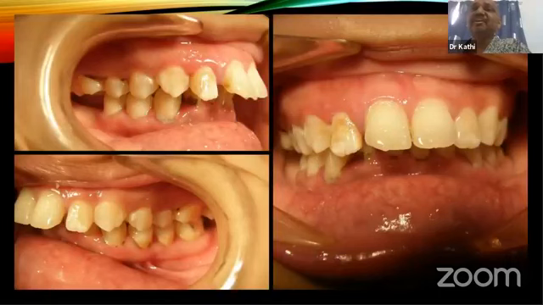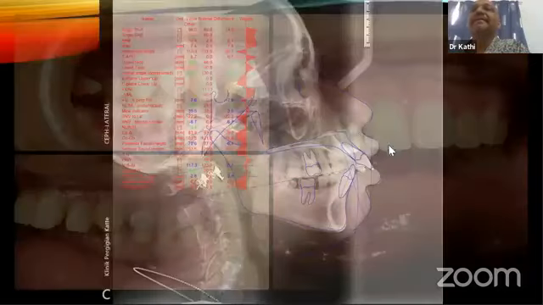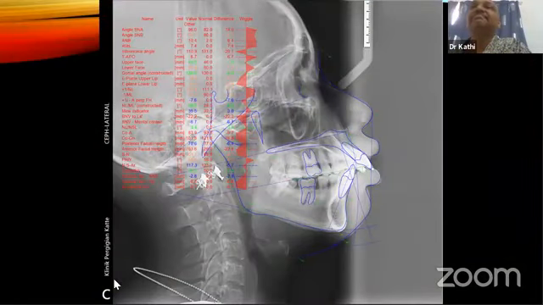Okay, these are intraoral pictures: proclined forward incisors, retroclined mandible. Okay, this is the tracing. You can see A and B is 10, Wits is 7.4. This should ring bells saying this class 2 malocclusion may not be amenable to camouflage.